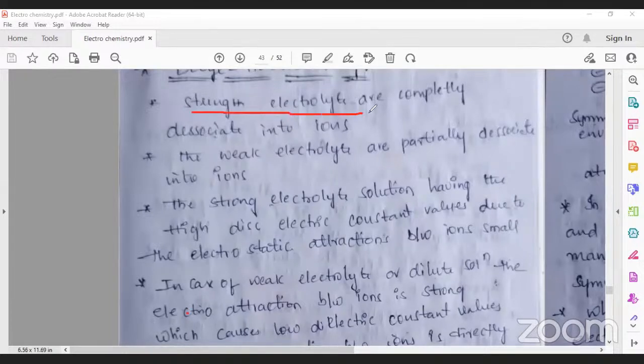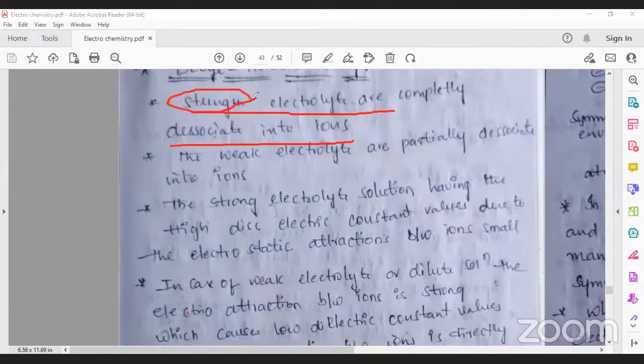The strength of electrolytes are completely dissociated into ions. See, here some mistake is there. Not the strength, strong electrolytes. You may make it as strong.